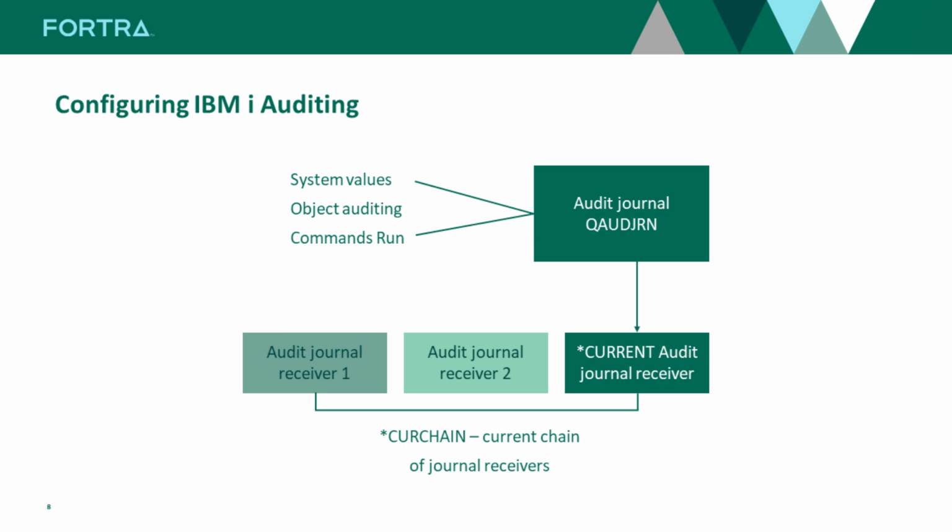When we look at the audit journal, it is the facility that those entries get passed through to what could be referred to as the log file. Those are the receivers. You're always going to have a receiver that's currently attached, and that is the one that the data is being written to. And then you're going to have journals in that chain. You can see I've got Audit Journal Receiver 2 and Audit Journal Receiver 1.